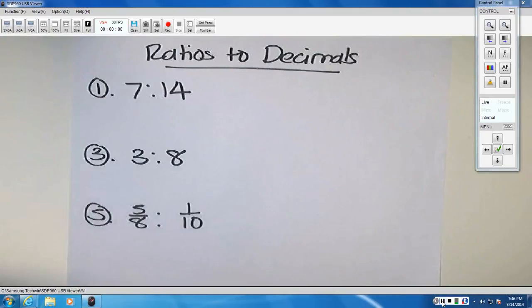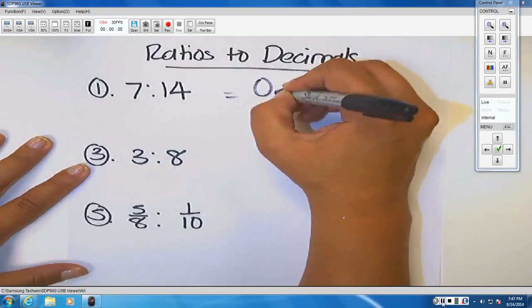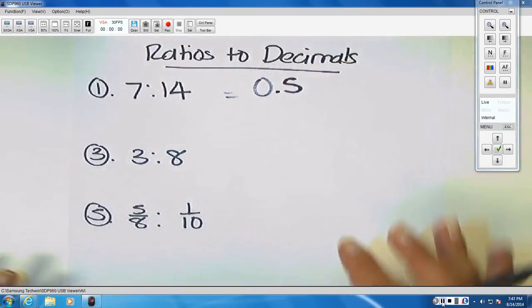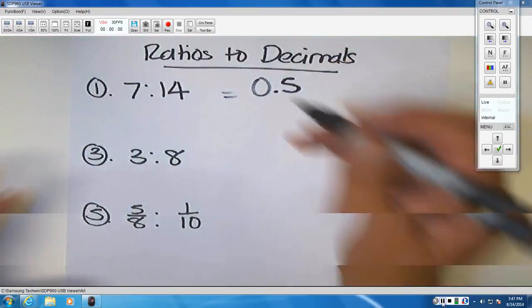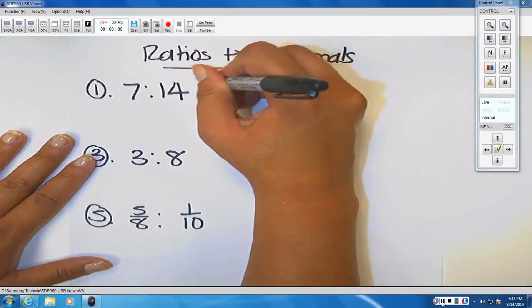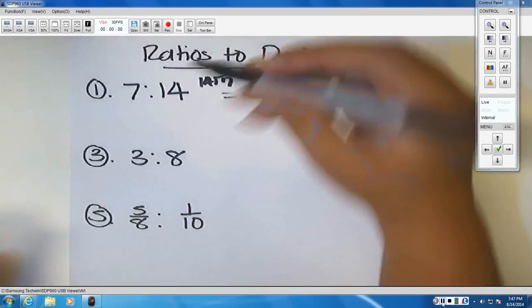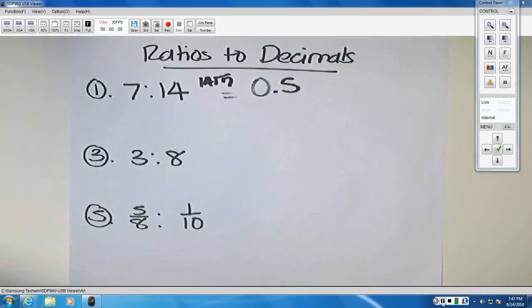Just take 7 divided by 14, and that gives me 0.5. That simple. Just use your calculator. It's very simple. I divided my first number by my second number.